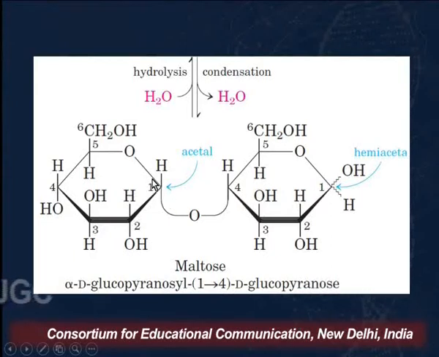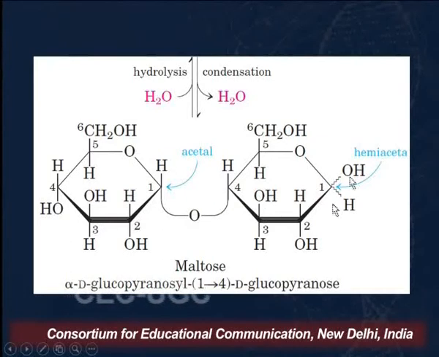So let us quickly look at what is a hemiacetal linkage. That is, how will you differentiate between an acetal and a hemiacetal linkage in a molecule? An acetal linkage is the one in which the anomeric carbon is attached to two ether groups. That is, we can consider this is O and the rest of this is R. So it is attached to an OR group, and again it is attached to a second OR group here.